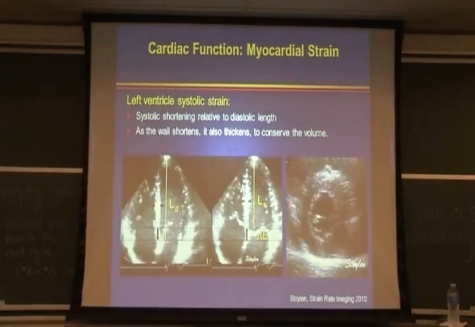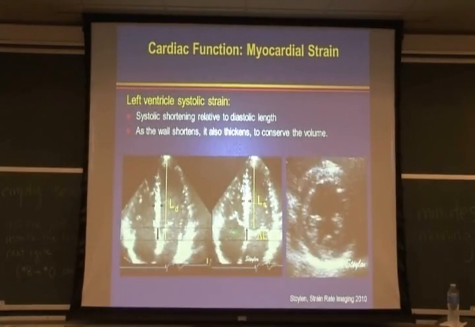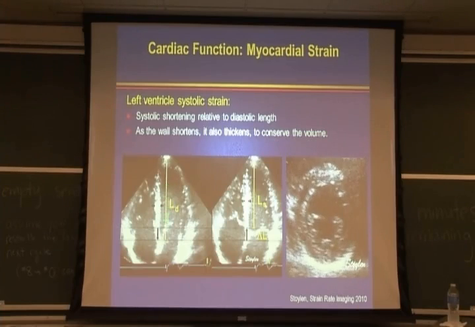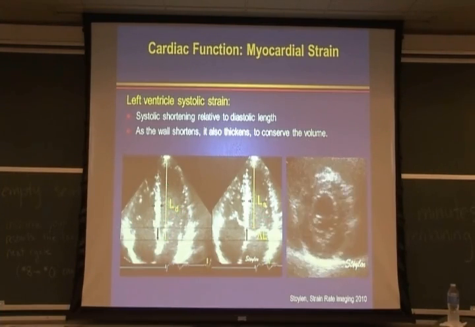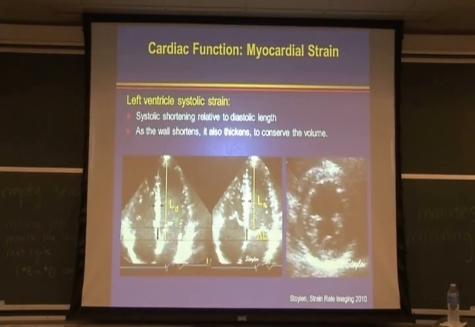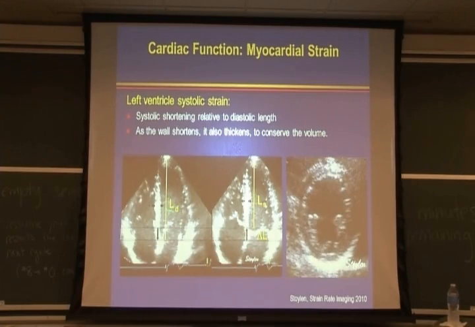And the heart doesn't move in just one dimension, it moves in 3 dimensions. Here is a longitudinal change in length of the septum from diastole to systole, and you can see the length has changed. There is an amount of deformation compared to the baseline or initial length.